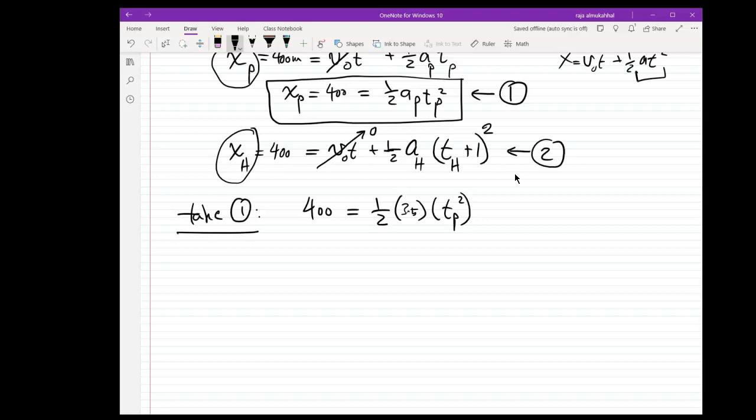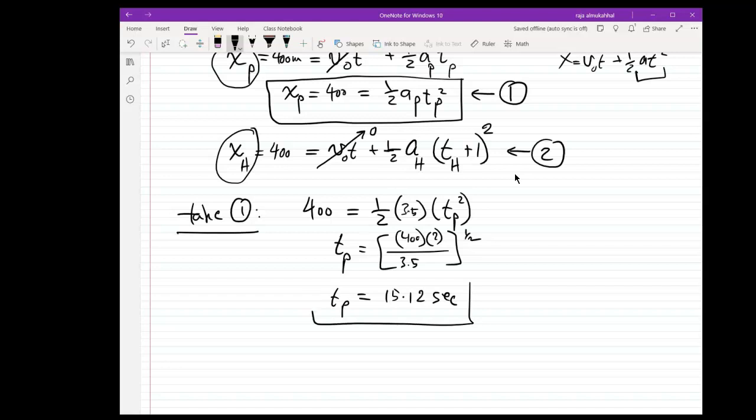When I work it out, it's 400 times 2 over 3.5, all of that under the root, right? And then when I plug it in, I'm going to get 15.12 seconds. So that's how long it will take the Porsche to travel the 400-meter dash, if you will. Got it? Okay.